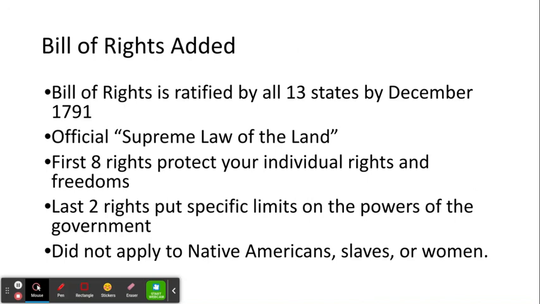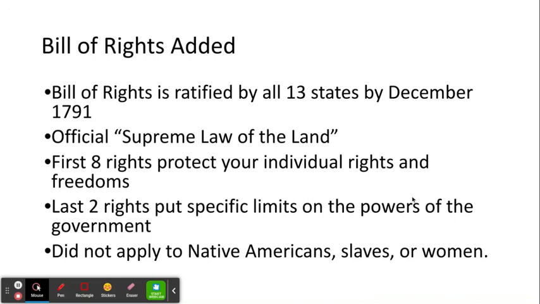The last 2 rights, number 9 and number 10 on the Bill of Rights, those kind of put a fence around the government, and they basically limit the government only to the specific things that the Constitution says the government can do. Everything else belongs to you and your family, and don't let anybody tell you otherwise.